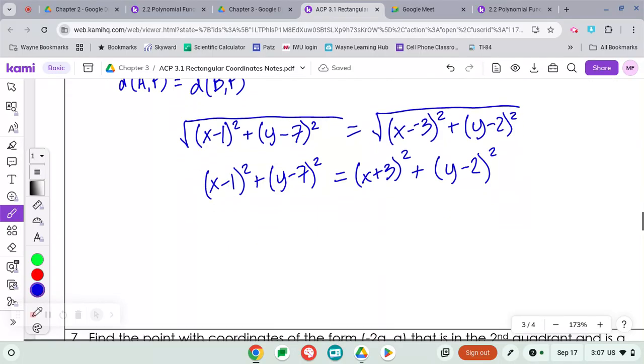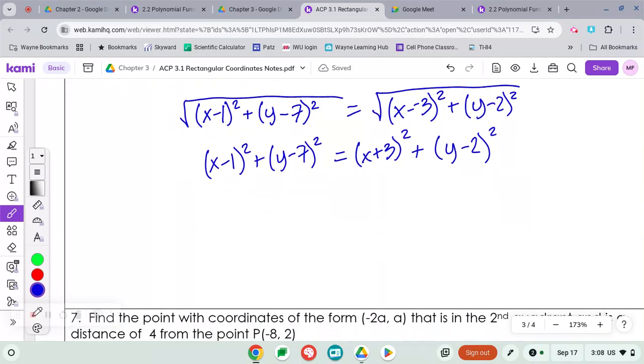Now we're going to FOIL everything out. So x minus 1 squared, keep in mind, I'm not going to do this for each of them, but it's x minus 1 times x minus 1. So for that first one, it'll become x squared minus 2x plus 1. And if you're not following, it's x squared minus x minus x plus 1.